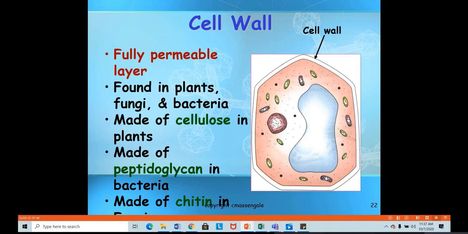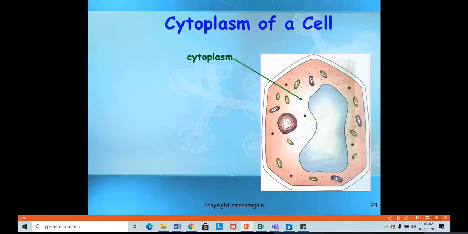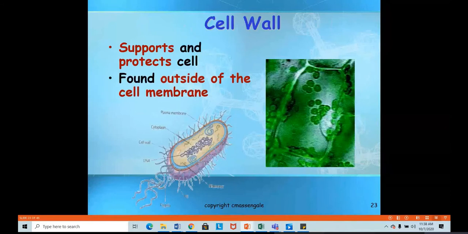The cell wall is fully permeable, unlike the plasma membrane. The plasma membrane is semi-permeable, letting in and out only a few selective substances, whereas the cell wall is fully permeable. It is very rigid and tough, and it gives shape to a plant cell. It supports and protects the cell and is found outside of the cell membrane.